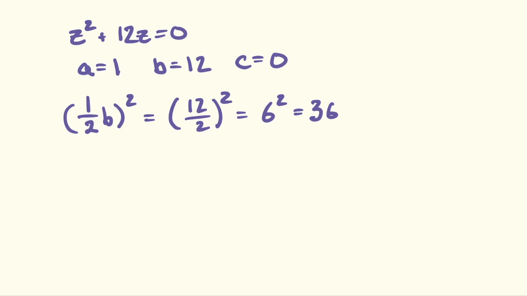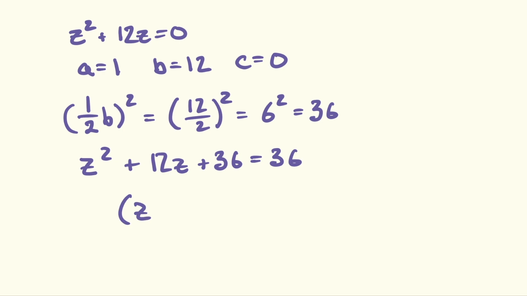We're going to add this to both sides of our equation. Z squared plus 12z plus 36 is equal to 36. And notice in this case, we're going to have an add, and we want a 6, right? You can just leave that squared if you want, is equal to 36. And let's rewrite it one last time.